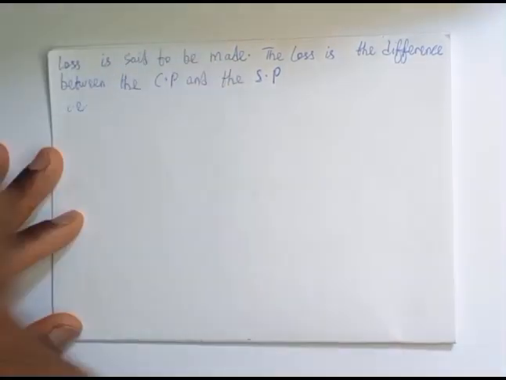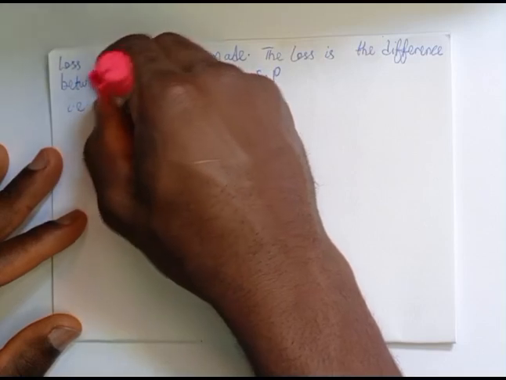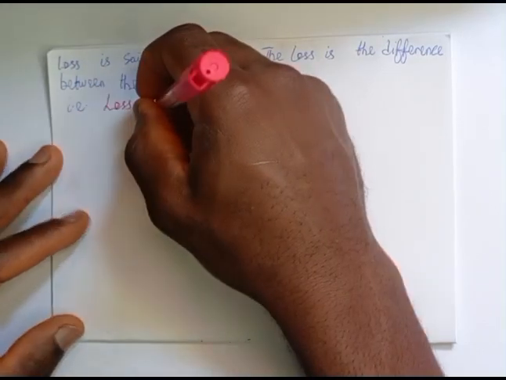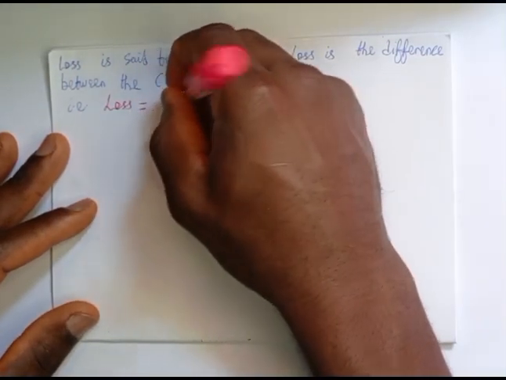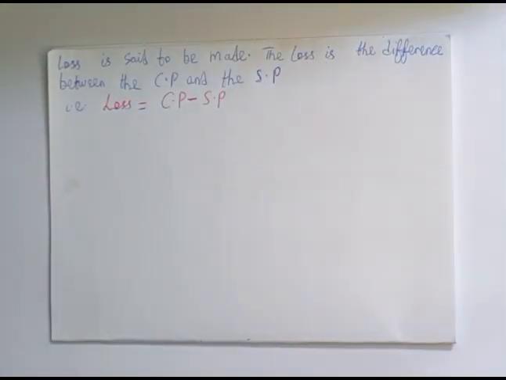That is, loss is equal to cost price minus selling price. So that means for a loss to be made, the cost price must be greater than the selling price.